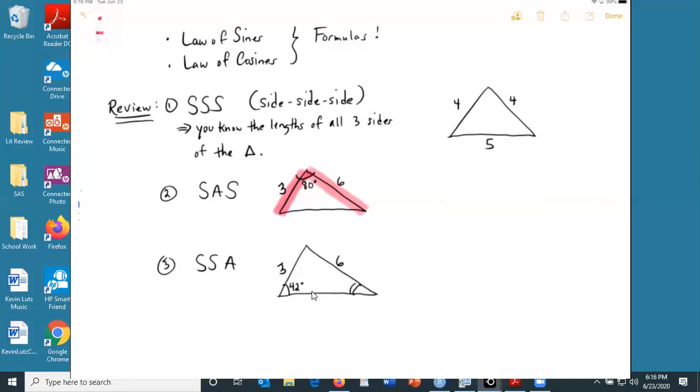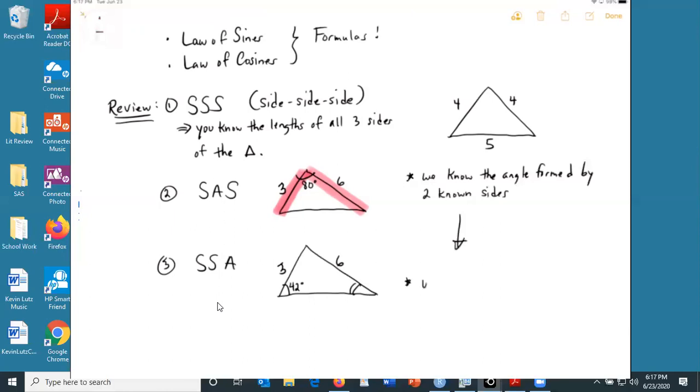Whereas in number 3, it's not the case. It's the two sides, they form an angle, but you don't know the angle. But you know one of the other two angles. So maybe we should make a little note there about that. So here, we know the angle formed by two known sides.